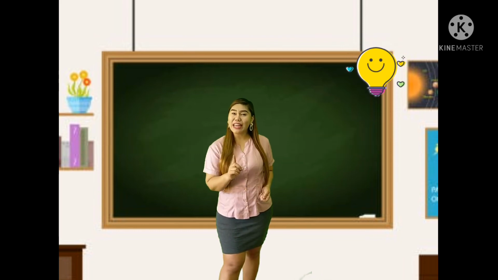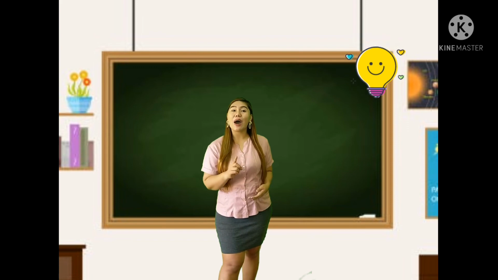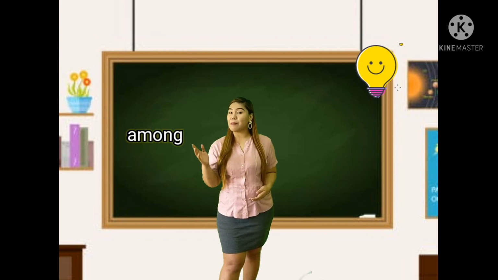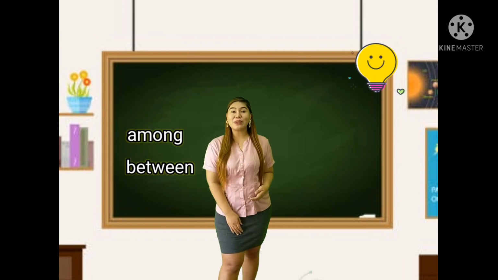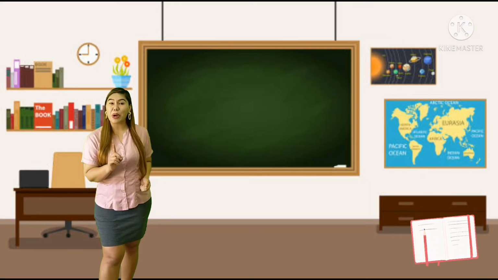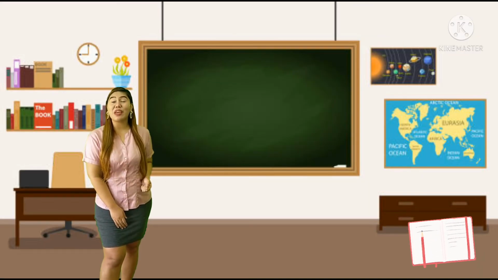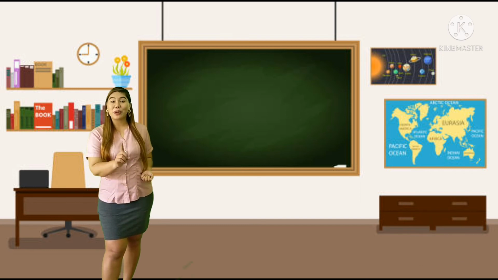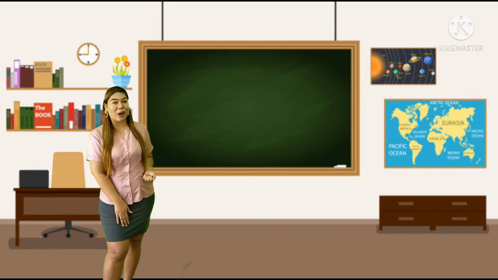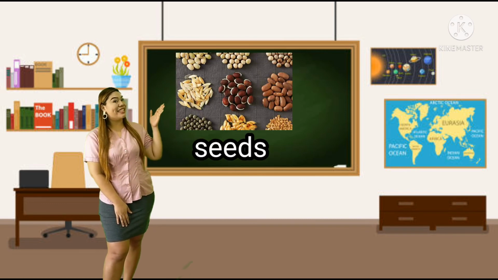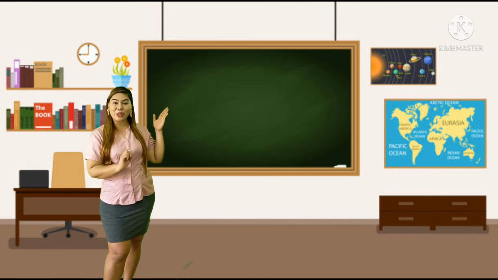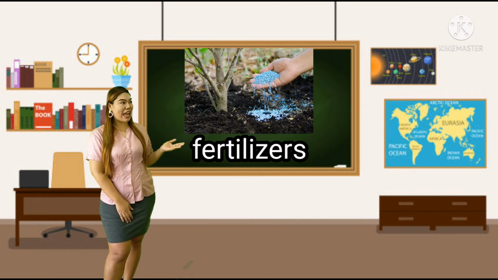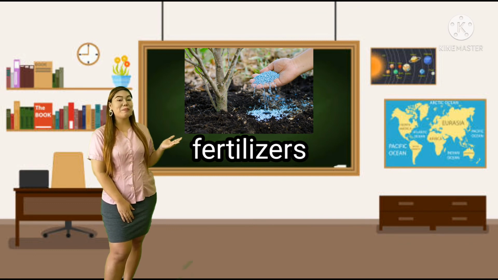Let's find out in the story how these prepositions among and between will be used in the sentence. But first, let's unlock some difficult words in the story using the pictures. Our first picture is a picture of seeds. Our second picture, we have fertilizers.